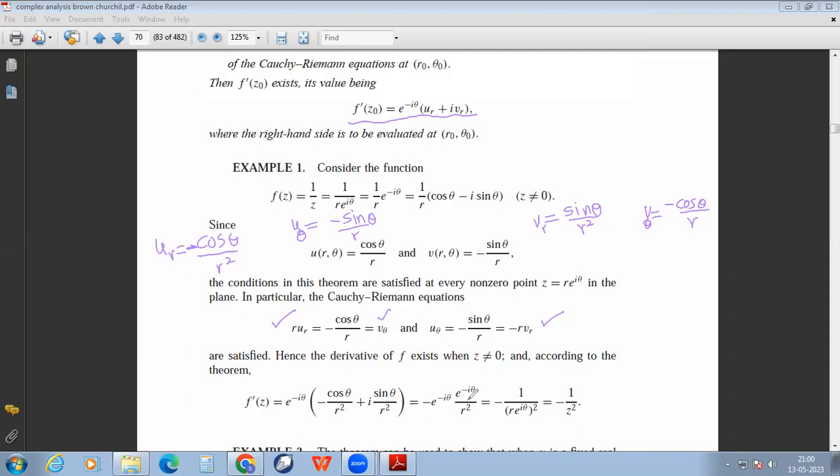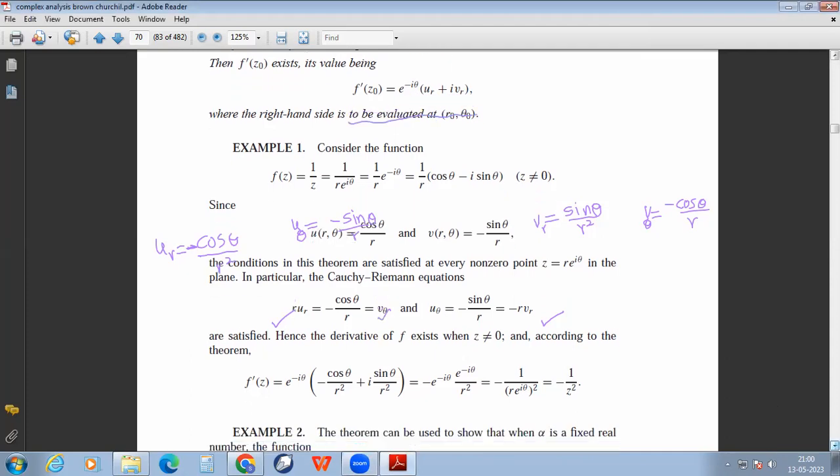So it makes it e raised to minus twice i theta. Going down, you can make it minus 1 upon r into e raised to i theta, whole square. So it is minus 1 by z square. And I think we have done this in our classwork also. Have we? Yes, ma'am. So this was just a kind of rewinding. Hope the thing is familiar to you.